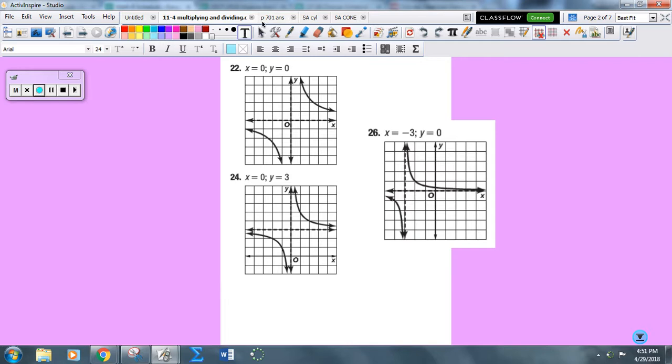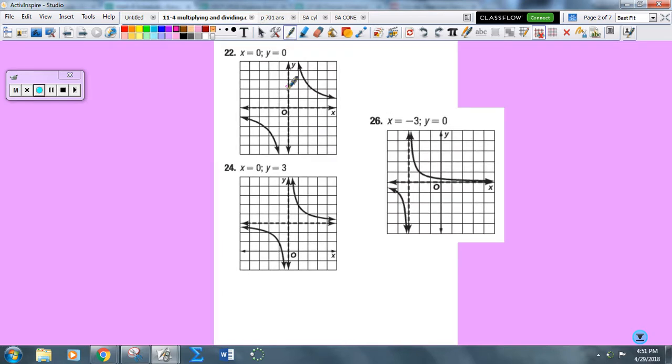Recall you should always label your asymptotes. So here my asymptote is y equals 0, the horizontal, and x equals 0.